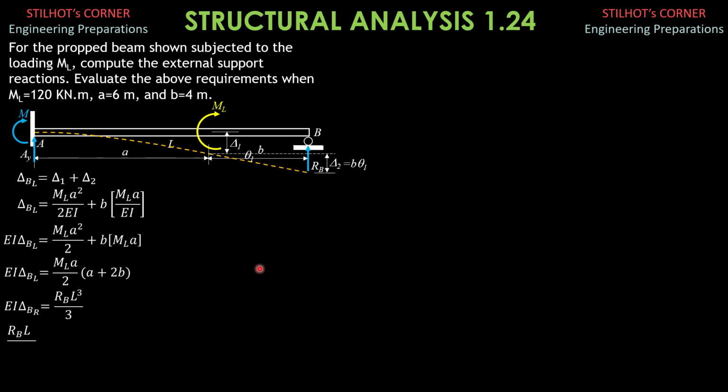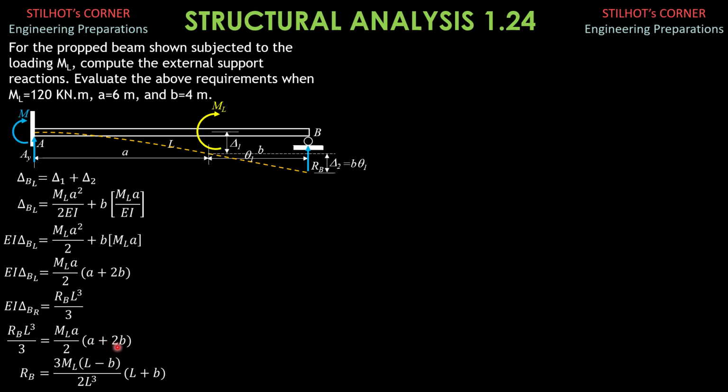So RB L cubed over 3 equals MLA over 2 quantity A plus 2B. So RB is 3 ML, A is L minus B, then this is L plus B, so over 2 L cubed.